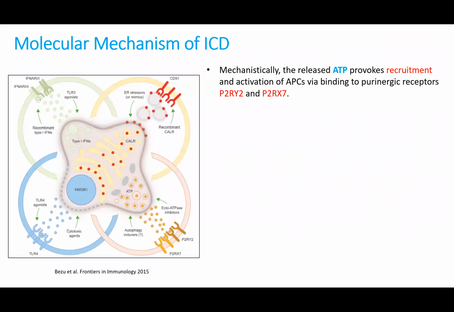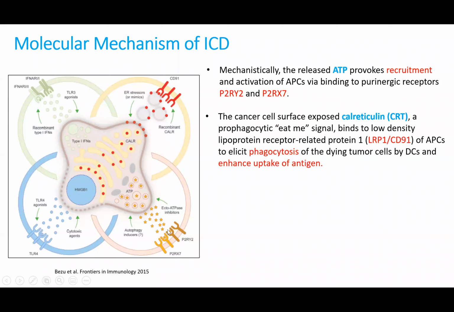So the molecular mechanism of immunogenic cell death includes interaction of the released DAMPs with complementary receptors on the dendritic cells, leading to their activation and maturation. It starts with release of ATP. The ATP will induce recruitment and activation of dendritic cells by binding to purinergic receptors on the surface of dendritic or antigen-presenting cells.